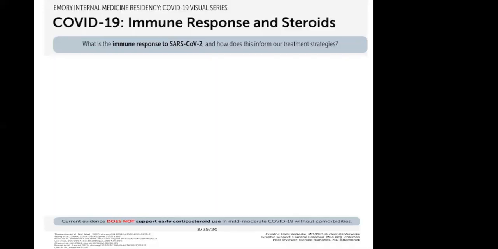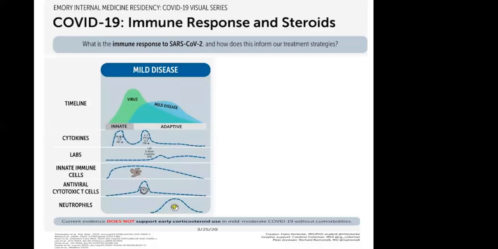So this slide actually nicely shows you the cytokines and how they go hand in hand with a clinical presentation. Typically in a mild disease, you initially have the innate immune response trying to control the virus, waking up the adaptive immune response.